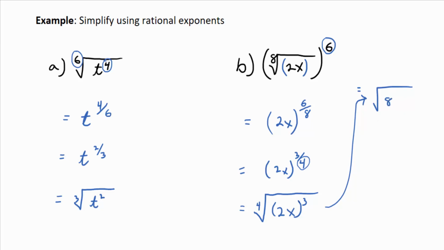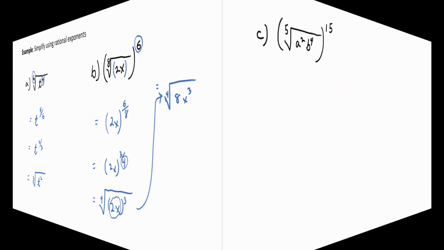Remember, the exponent splits up over multiplication. 2 cubed is 8, and x cubed is x cubed. So don't forget the 4th root out here. The 4th root of 8x cubed. Okay, any questions on that? Yes? Because it's 2x, the whole thing cubed. So think about 2x times 2x times 2x. It's got to be 8x cubed.